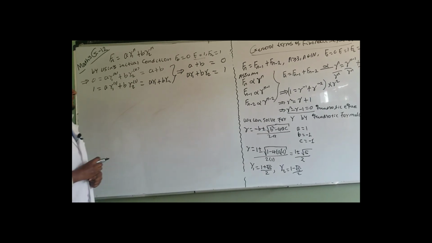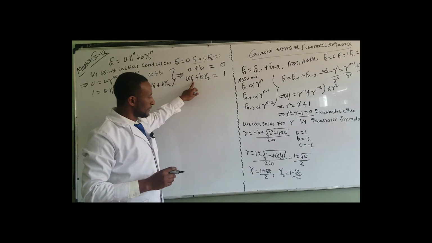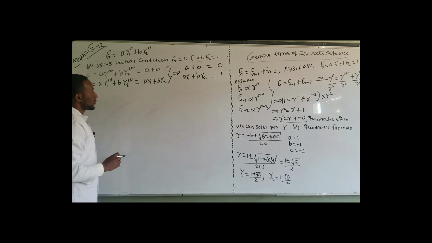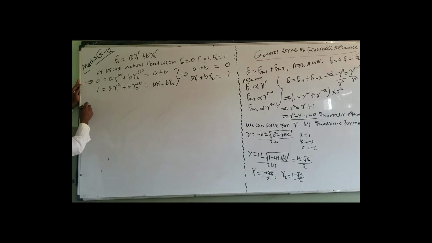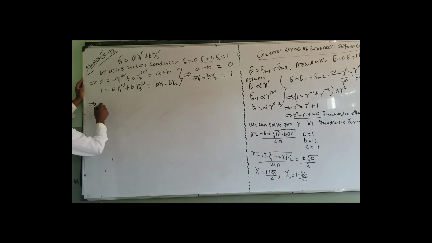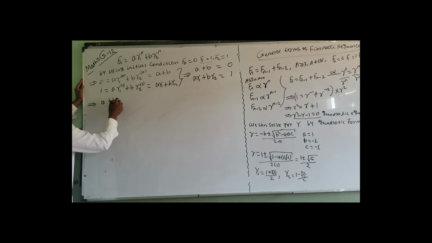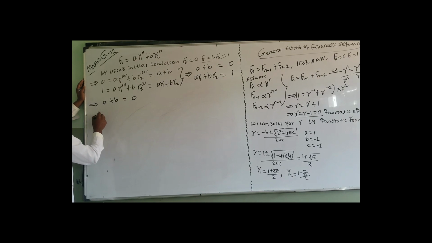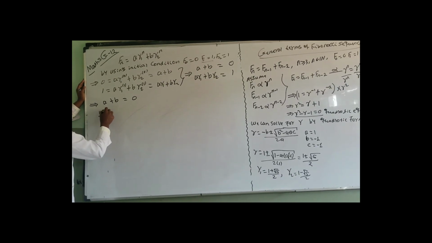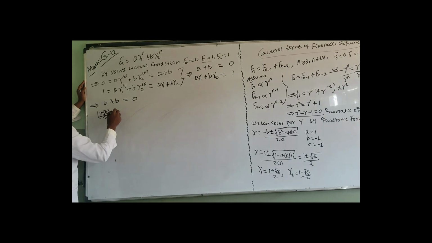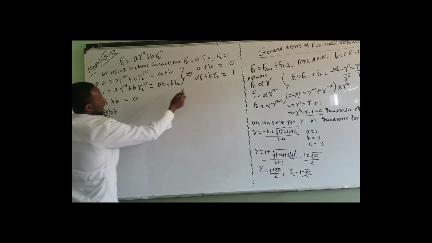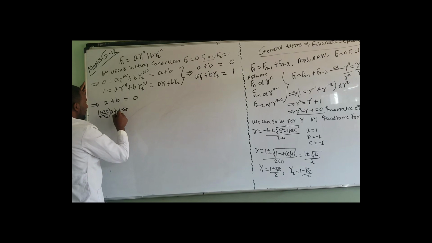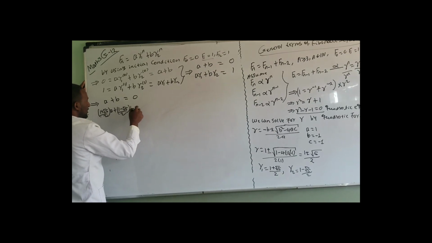Then we can replace r1 and r2 with their values, r1 equal to 1 plus the square root of 5 over 2 and r2 equal to 1 minus the square root of 5 over 2. This implies that a plus b is equal to 0, and 1 plus root 5 over 2 times a plus 1 minus root 5 over 2 times b is equal to 1.